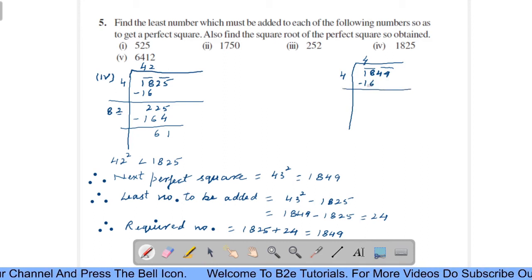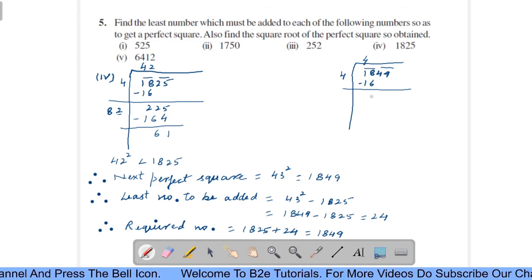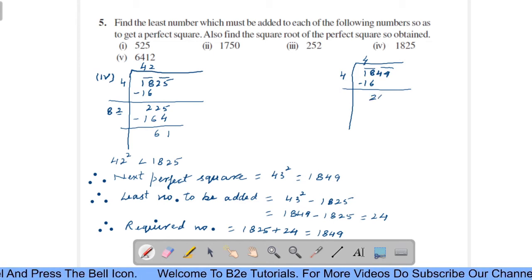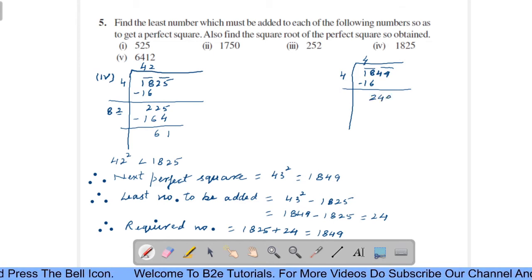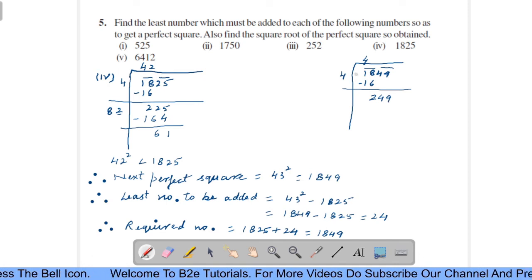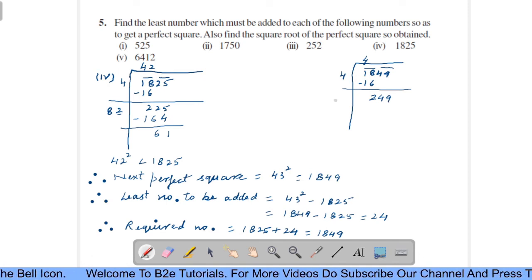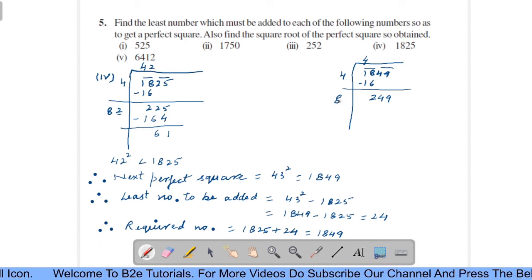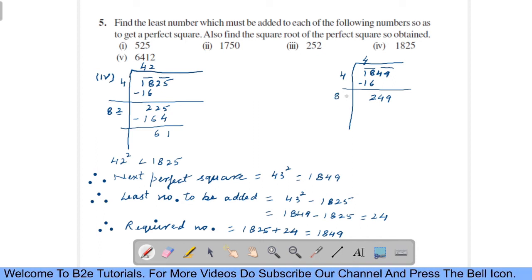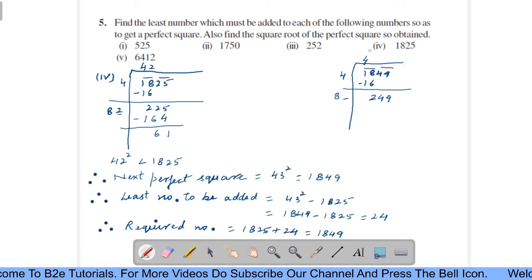Subtract it. What will you get? 8 minus 6, 2. Bring second pair, that is 49. The number becomes 249. Now 4 plus 4, it is 8. Now how many times it will go? 3 times.